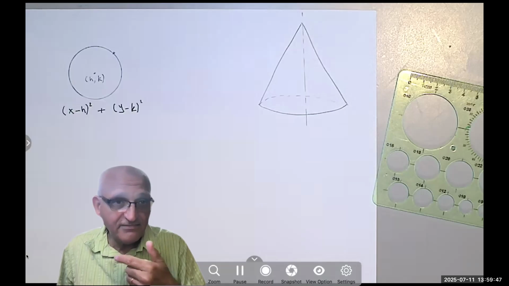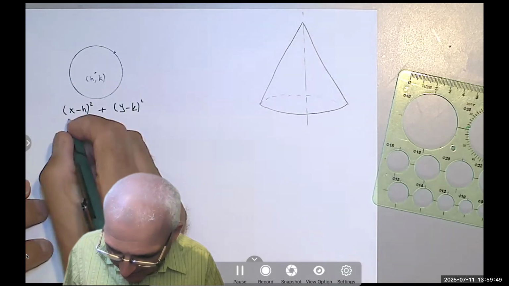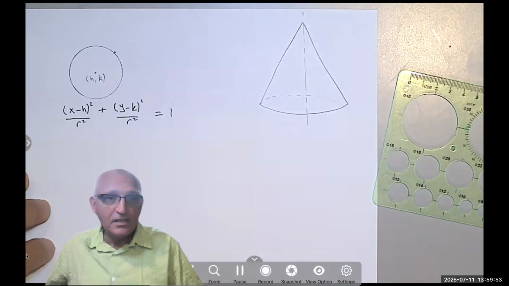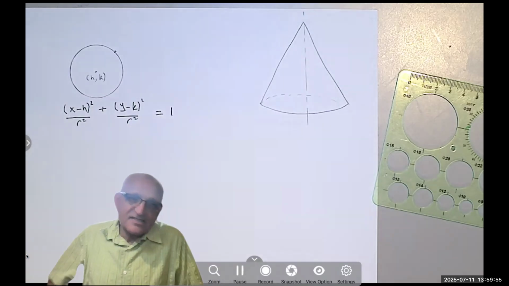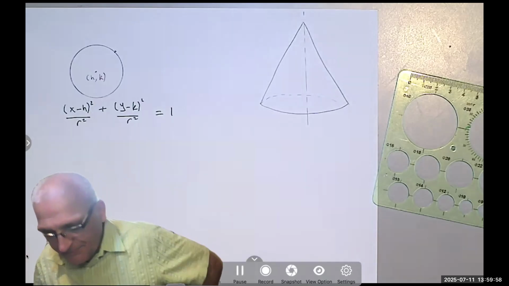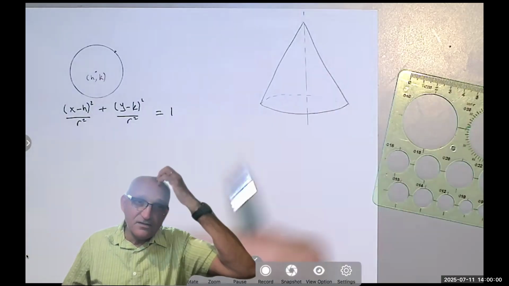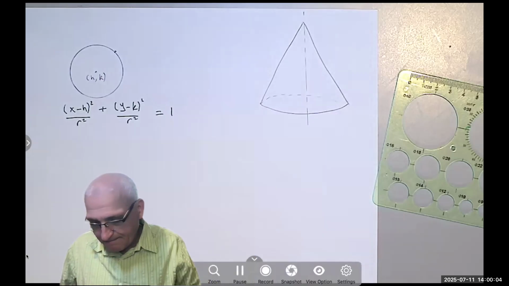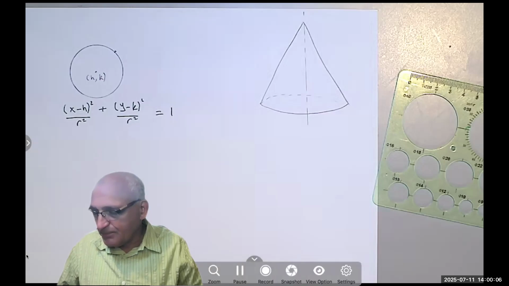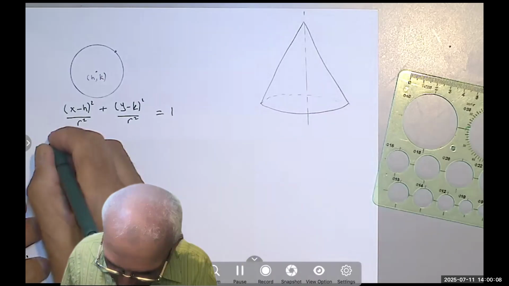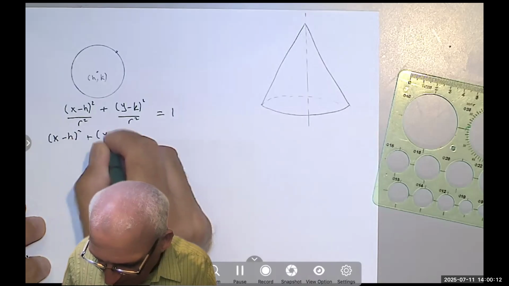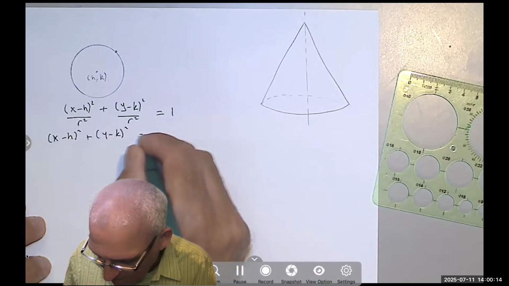In fact, the idea is this divided by r squared and this divided by r squared equals 1. If you write it like that, you would understand why the other conic sections have their equations. Of course, if I multiply both sides by r squared, you get the famous equation: x minus h squared plus y minus k squared equals r squared.